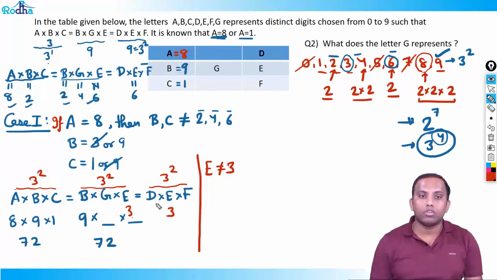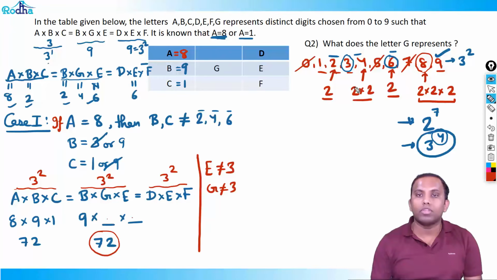Now, G also obviously cannot be equal to 3 for the same reason. If G is 3, then 9 into 3 is 27, and 27 into something I cannot get as 72, as an integer. So E and G both cannot be 3.